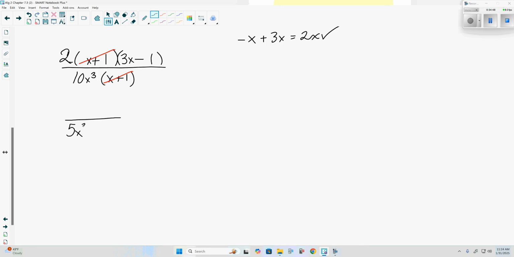X cubed. So the 2 over 10 does reduce to 1 over 5. Now, if it had been 2x over 10x cubed, it would reduce to 1 over 5x squared, but because there's not an x out in front here, it still stays x cubed. And the only other thing we have left on top is 3x minus 1.